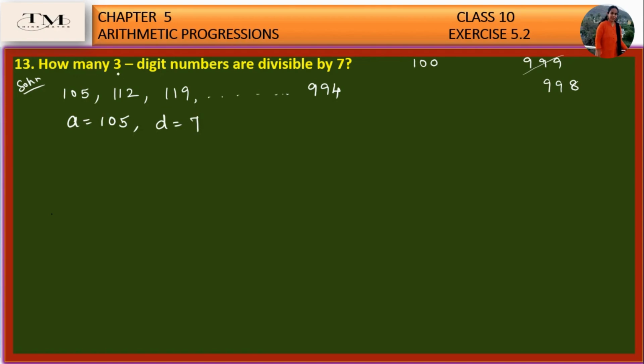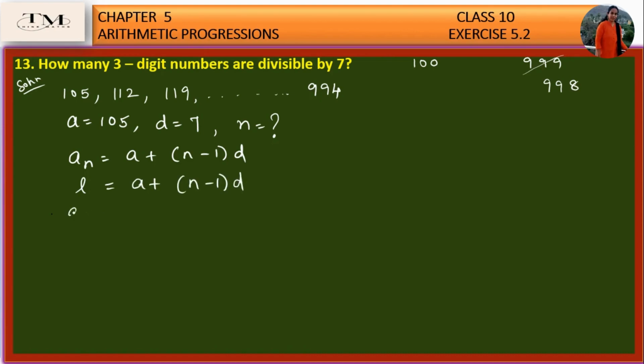What is the question? How many 3-digit numbers? How many means we have to find the value of n. So how many numbers are there in between this? We know that a_n equals a plus n minus 1 into d. We know this is a finite AP, so this can be written as l, the last term, equal to a plus n minus 1 into d.